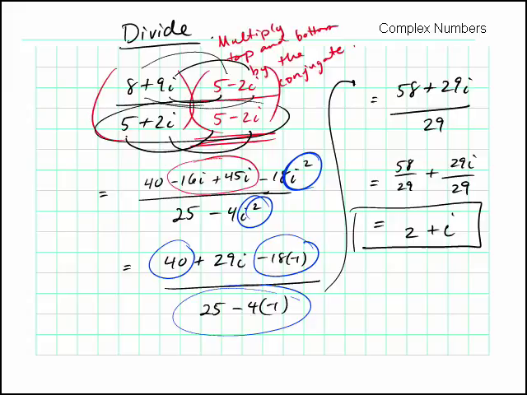Let's look at another problem similar to this. 2 plus i divided by 3 minus i. So once again, we're going to multiply by the conjugate of the denominator.